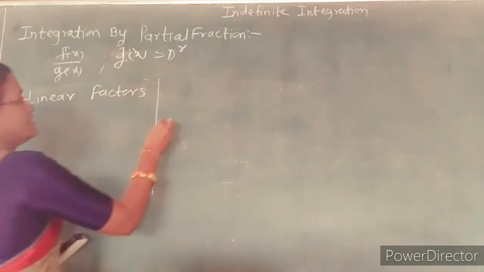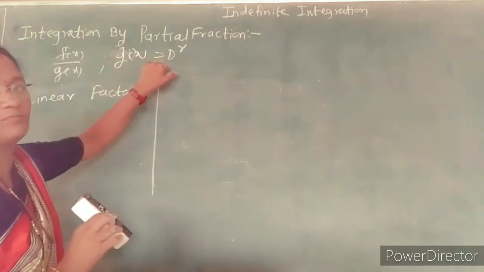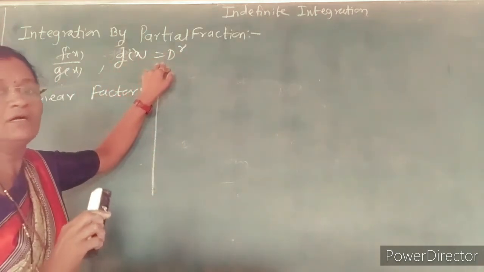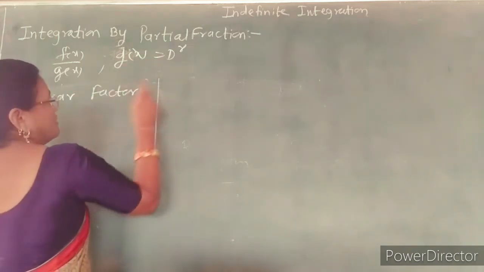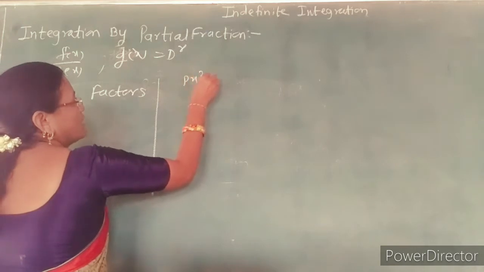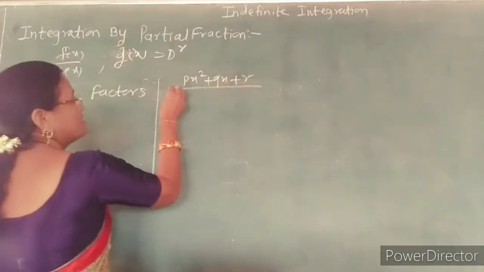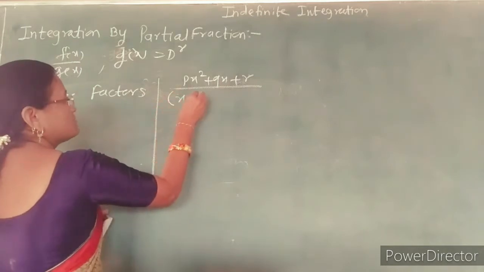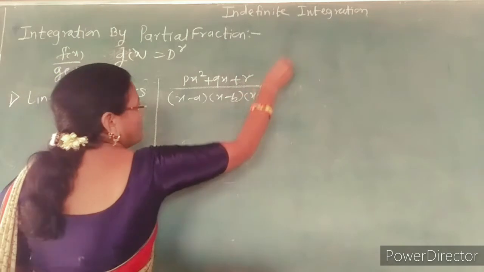For this case, we take integration of a proper rational function whose numerator is of the type px square plus qx plus r, and the denominator contains linear factors: the first factor is x minus a, suppose the second is x minus b, the third is x minus c.